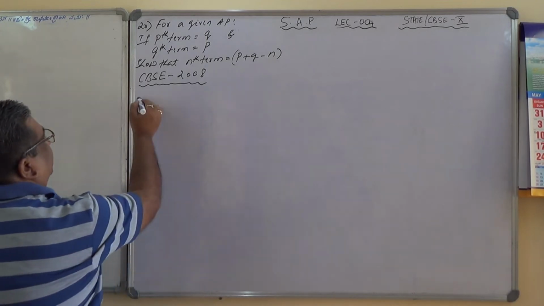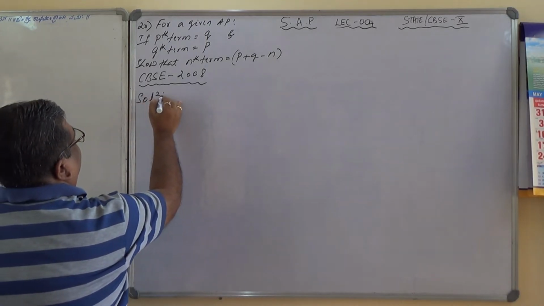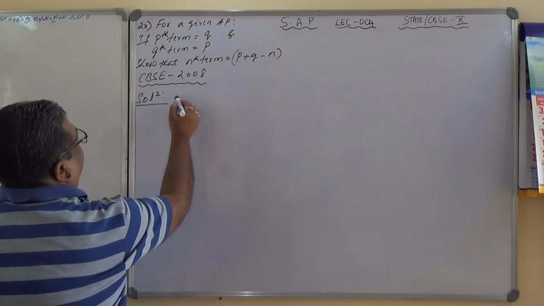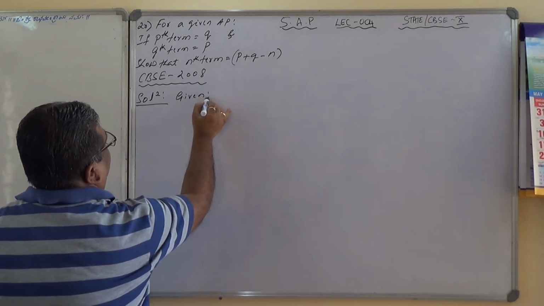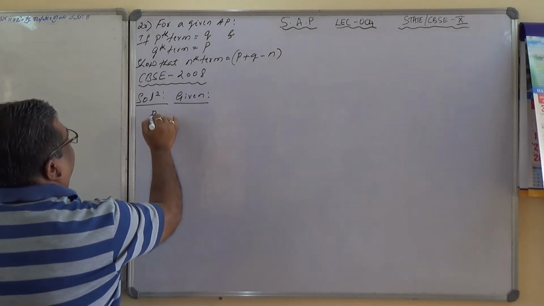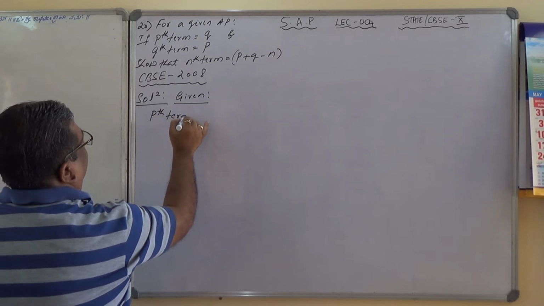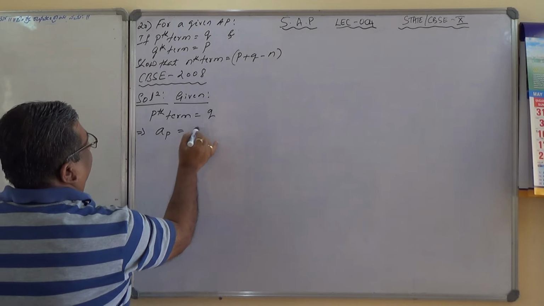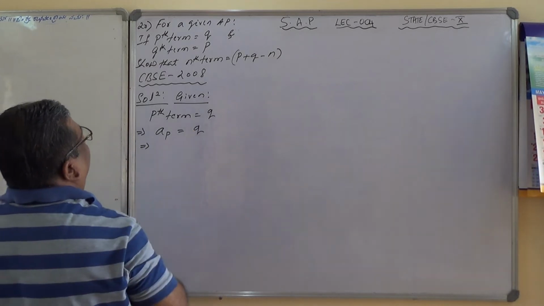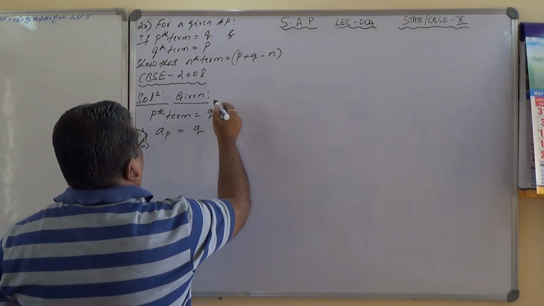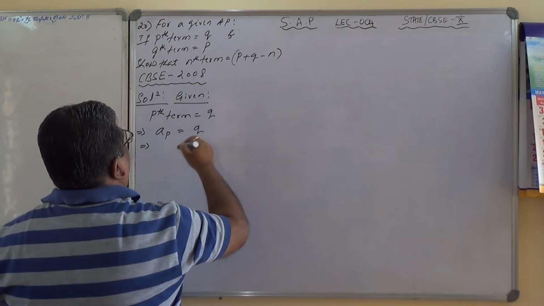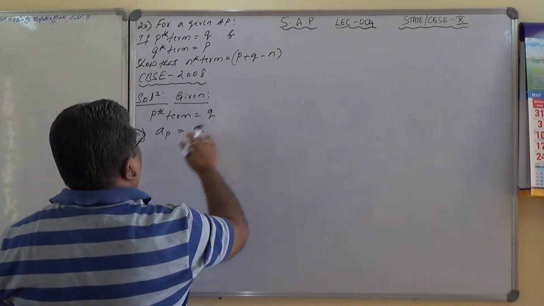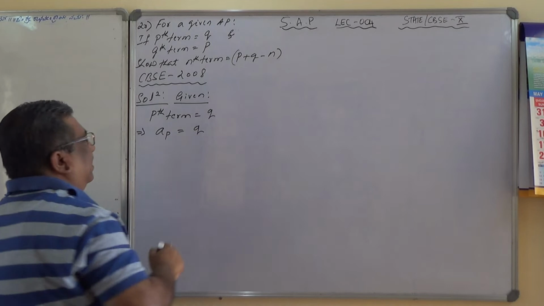So the solution for this appeared in 2008. Given pth term equals q. I forgot to write here, let a and d be, can I erase and write it?